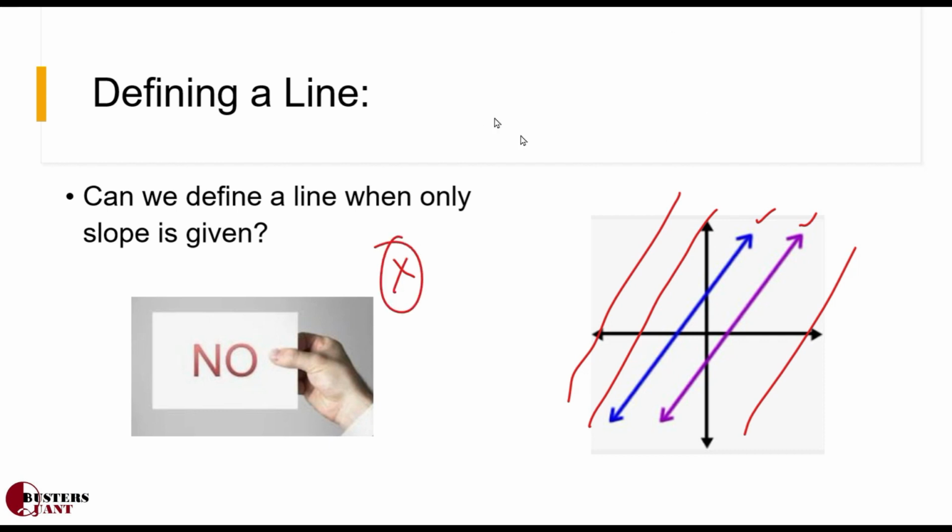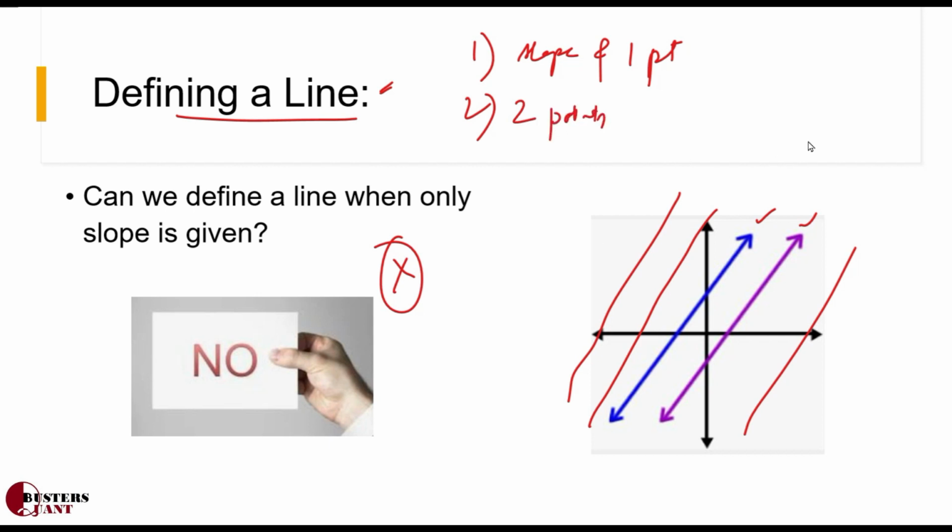So the conclusion is that to define a line, we need either the slope and one point, or we can have 2 points on the line. If I know any 2 points on the line, I can just join them.